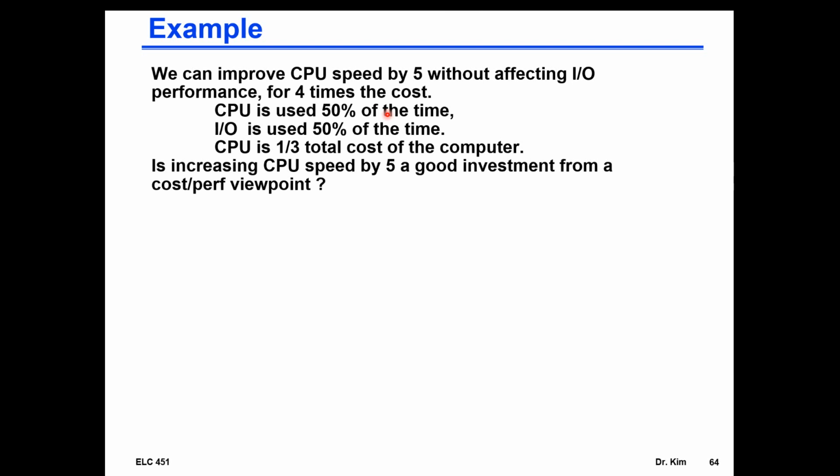The CPU is 1/3 the total cost of the system. Is increasing the CPU speed by 5 a good investment from a cost performance viewpoint? So for a CPU that is used 50% of the time and is 1/3 the total cost, we can improve the speed by 5 times for 4 times the cost.